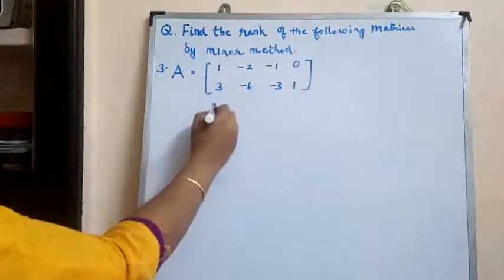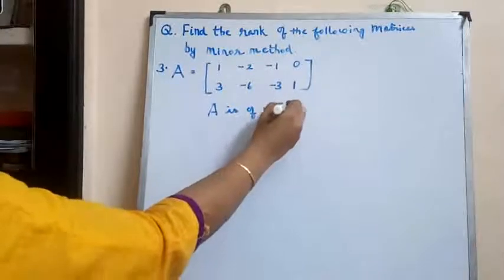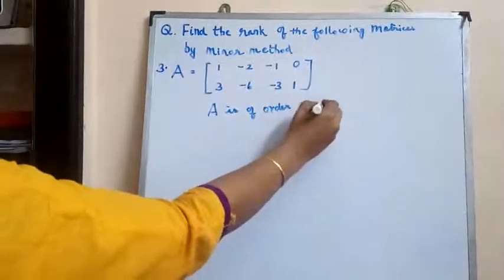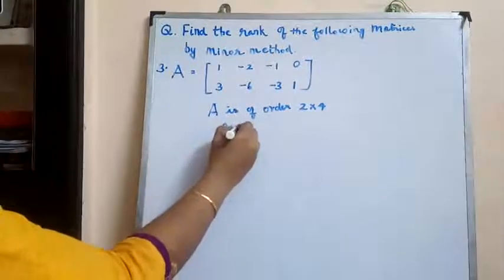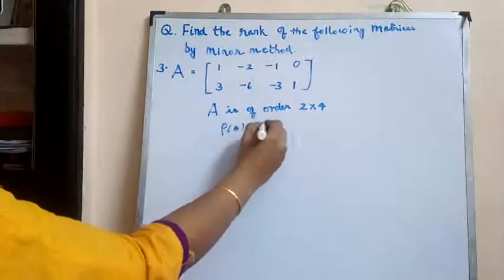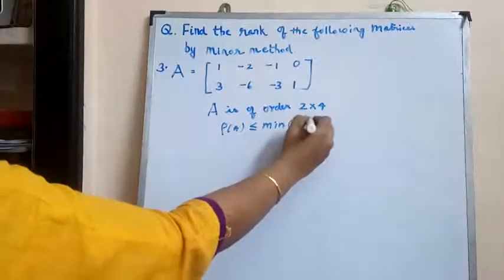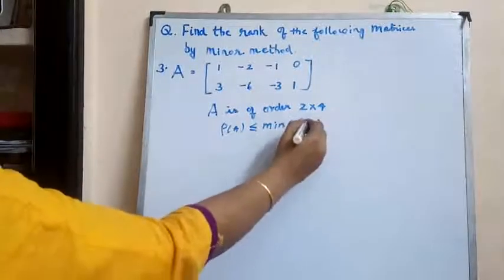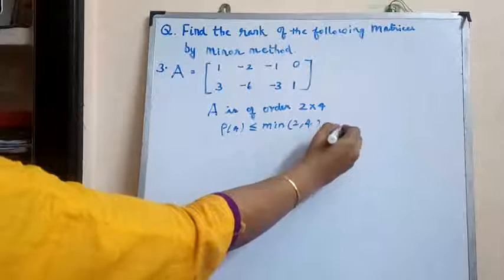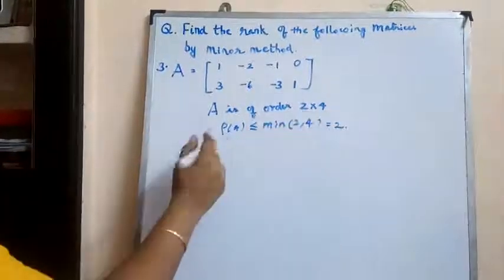So here A is of order 2 by 4. Okay. So rank of A should be less than or equal to minimum of 2, 4. So minimum of 2 and 4 is 2. So this should be the rank of the matrix.